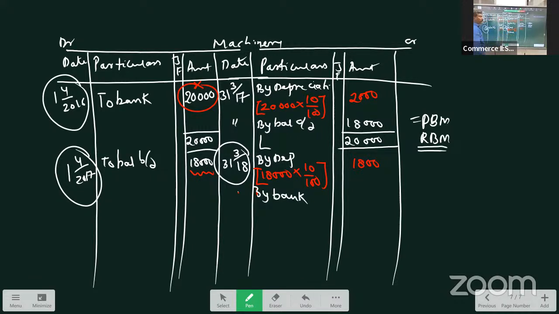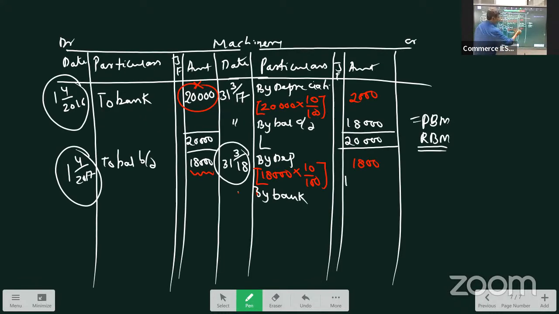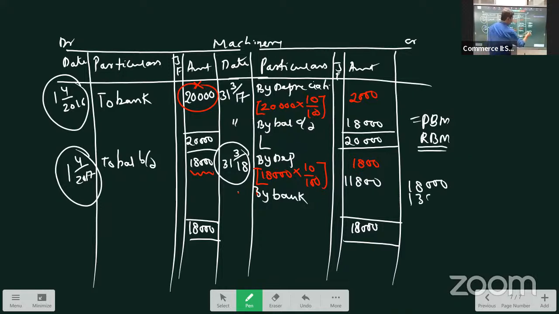What is the amount we sold it for? Let us check in the question. We sold it for 11,800. Now let us balance it. If you remember, I told you, if the debit side is heavy, the balance we attribute to the P&L account as loss. In this case also, our debit side is heavy. 18,000 minus 1,800 minus 11,800 would be 4,400.